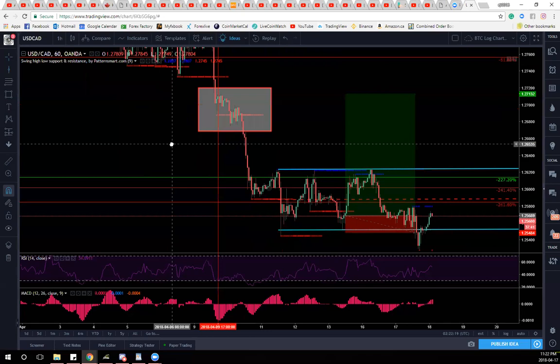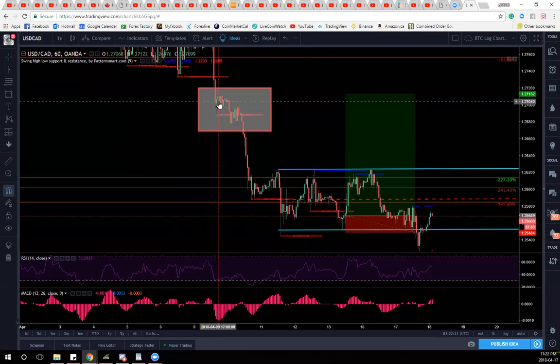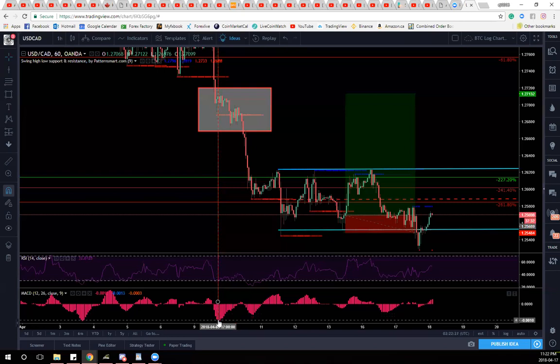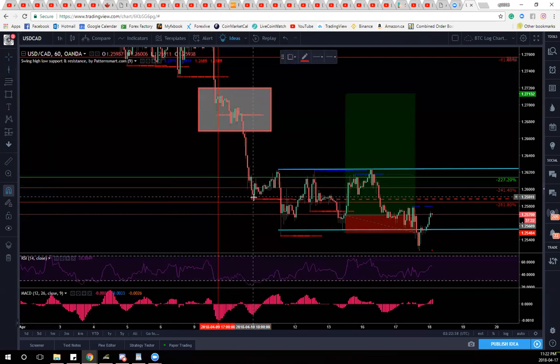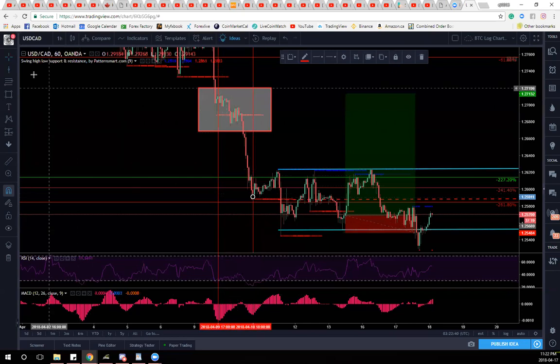Okay, so that's how you can identify, okay, so now I'm here in price and I'm making this low on my MACD, showing a lot of bearish momentum. Now we make another leg lower and now I make a swing low here, right?